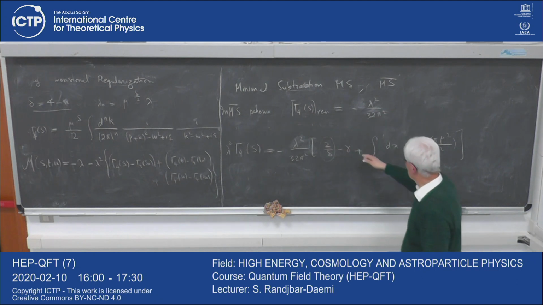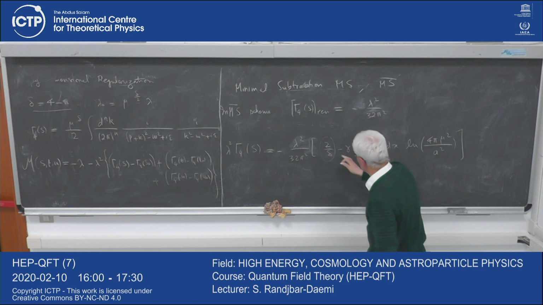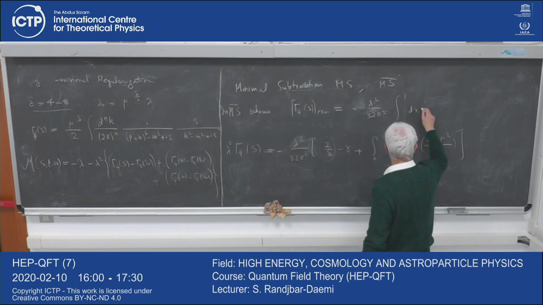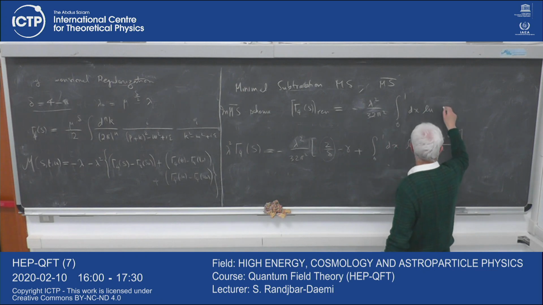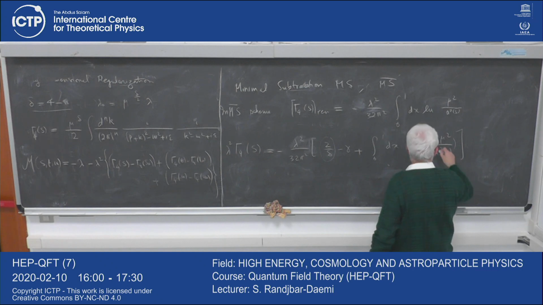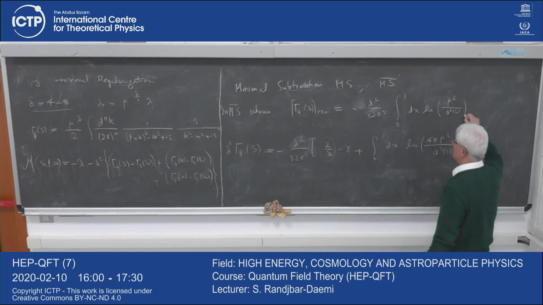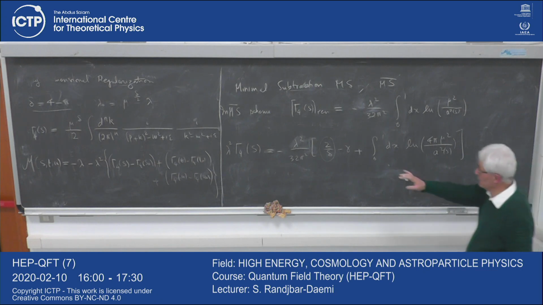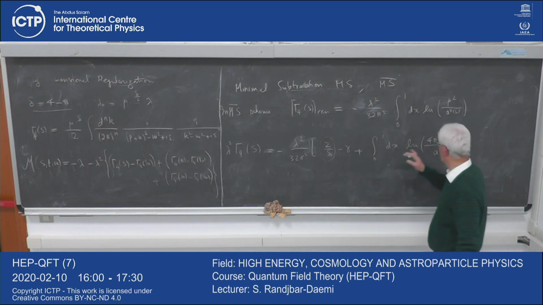You subtract all this, everything here, and leave only the finite part, the integral over x of the logarithm of mu squared over a squared, where a squared is a function of s. Is that clear? This is just a prescription. Subtract the singular piece plus these constants, the Euler constant, and 4 pi, etc.